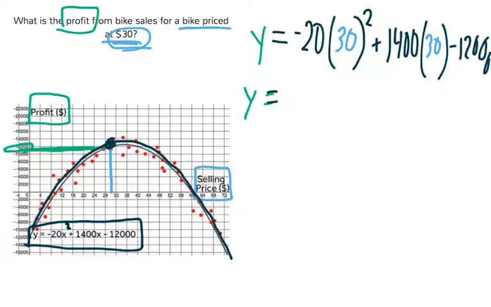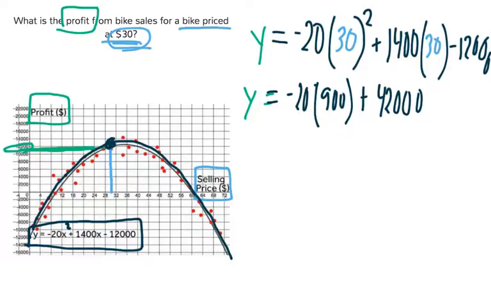and I'm going to do the math here, and I'm going to find out that 30 squared is going to equal 900, so that's negative 20 times 900 plus 1400 times 30, so 1400 times 30 will give me 42,000, minus the 12,000 there.